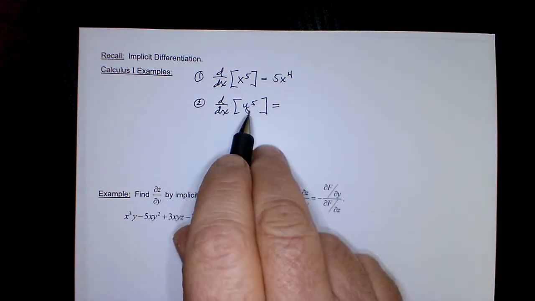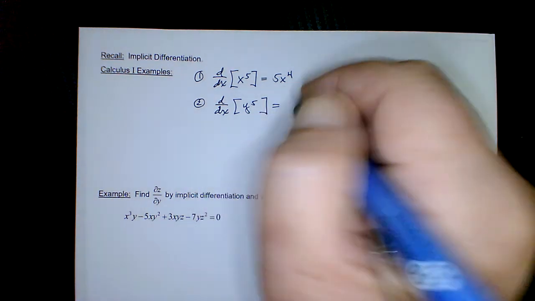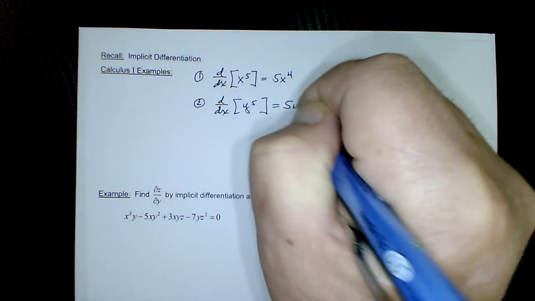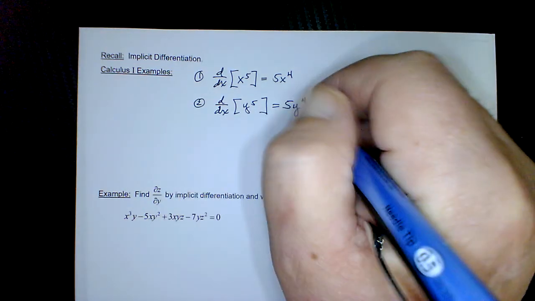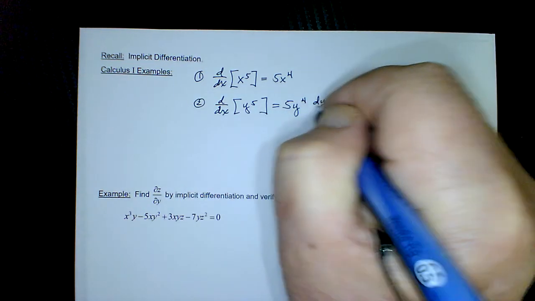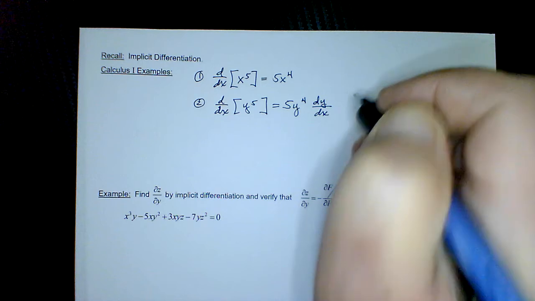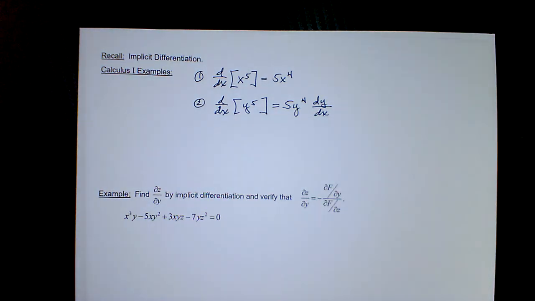Assuming y is a differentiable function of x, when we take its derivative, well, we get 5y to the 4th as normal, but if we're differentiating implicitly with respect to x, recall we have to include a factor that represents the derivative of y with respect to x, where we'll denote that by dy dx.